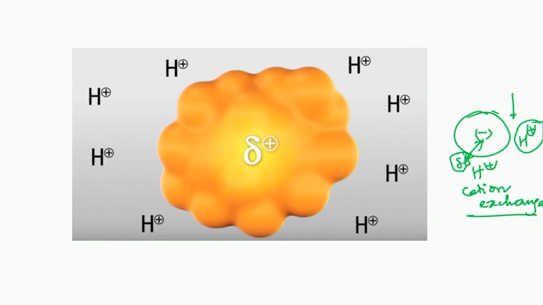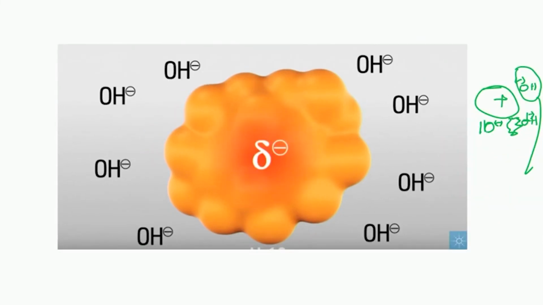The earlier one, obviously, is the anion exchange resin, because here the exchange is taking place between the hydroxide and the negatively charged protein. So, very simple.